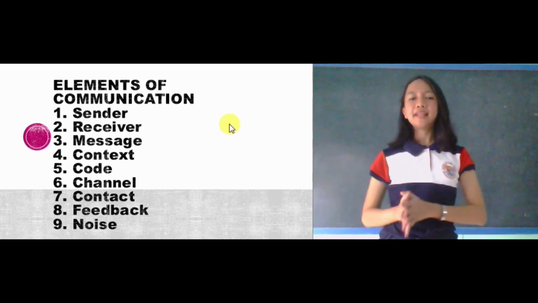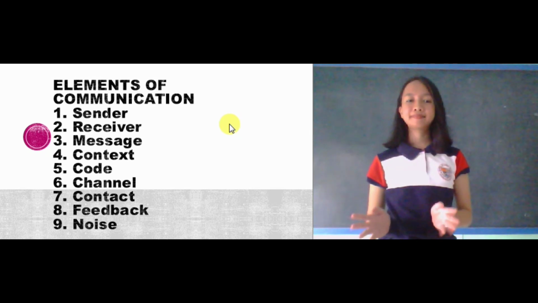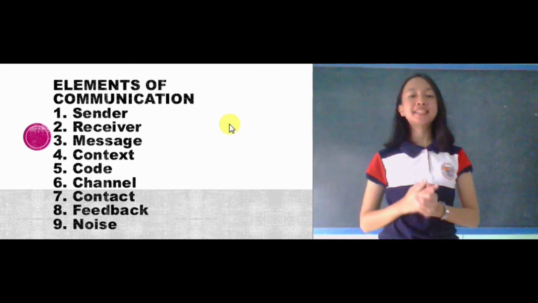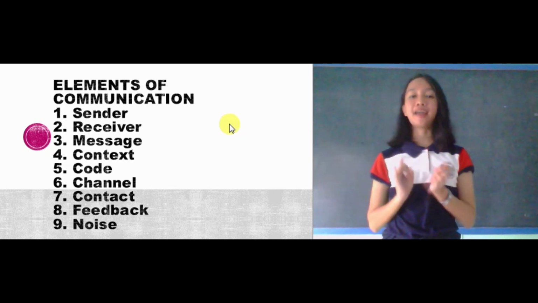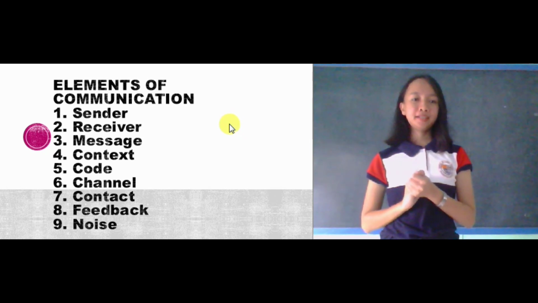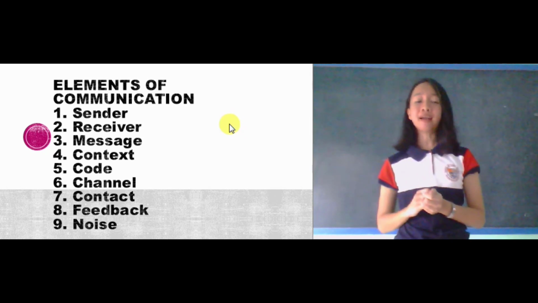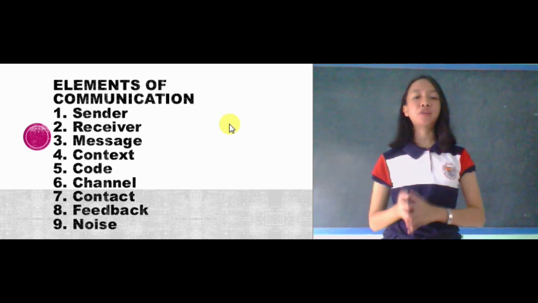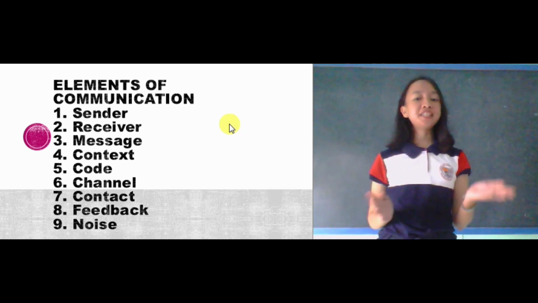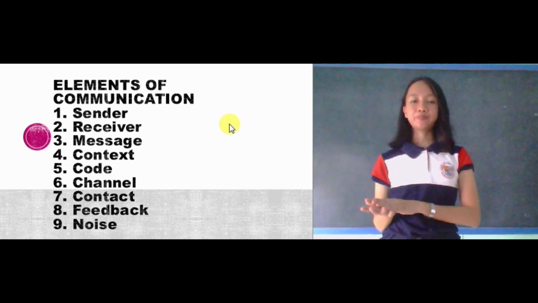The next element is the contact. Contact means to establish or connect thoughts, feelings, and emotions between the sender and the receiver. Number 8 is the feedback, which are the reactions, responses, or information provided by the receiver back to the sender.